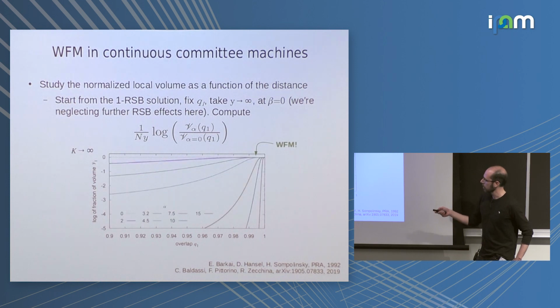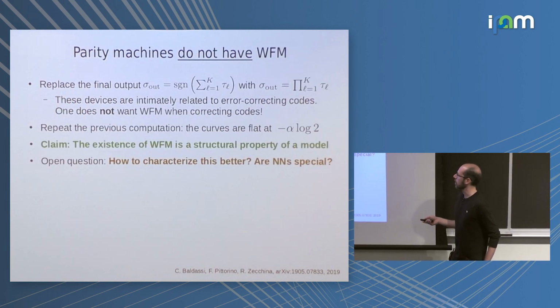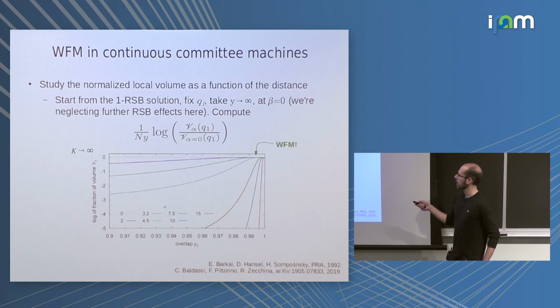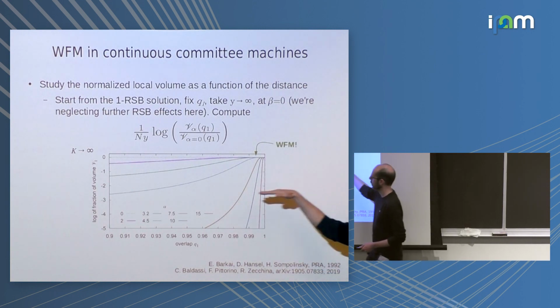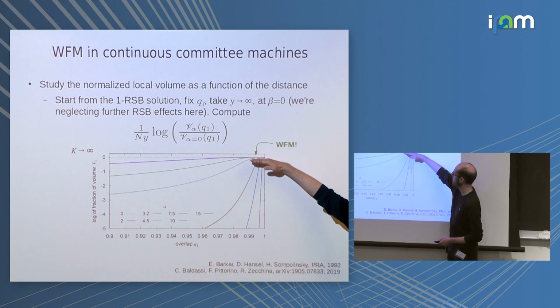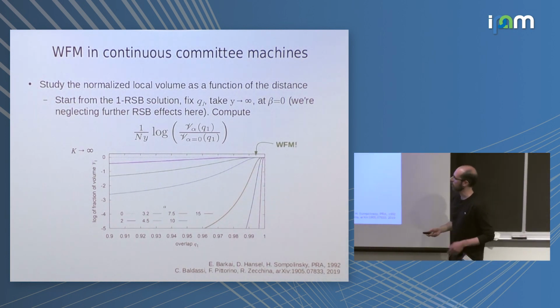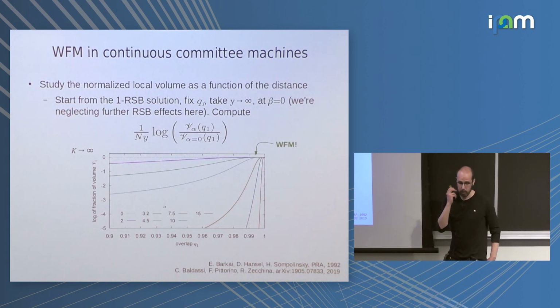We also have the limit of large k. We effectively find the same situation. And again, as Ricardo was mentioning, this seems to be structural for this kind of models, in that if you repeat exactly the same computations, but you substitute the final output from the sign of the sum with a product, which is also called a parity machine instead of a committee machine, then you repeat the computation and you get a flat curve, just exactly a flat curve. So you don't see it reaching the zero line there, meaning that there are no wide flat minima.